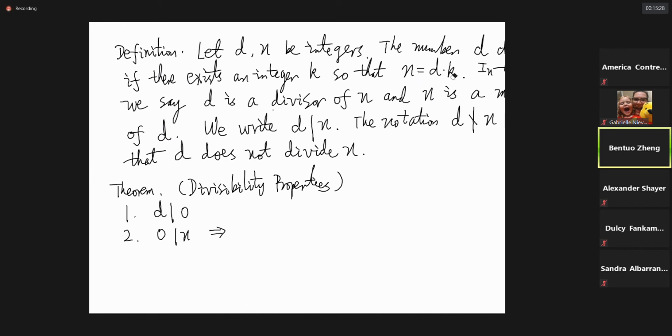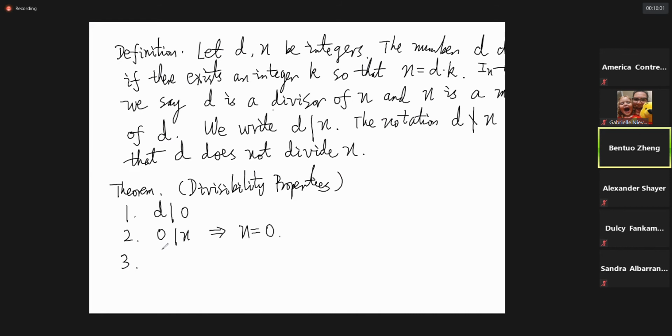In other words, this implies n equal to 0. But this is not commonly used. So this is only a special case. We call 0 a divisor of 0, but actually 0 is, in general, not considered a divisor.